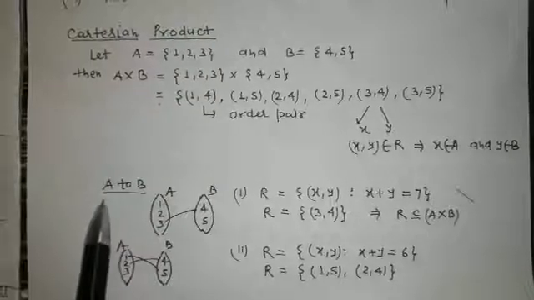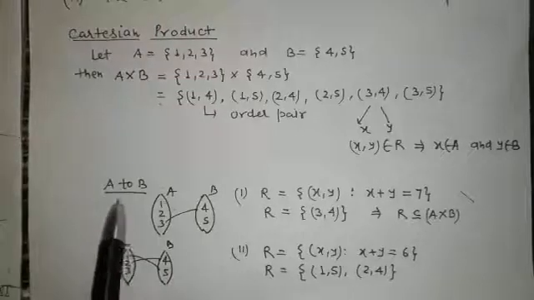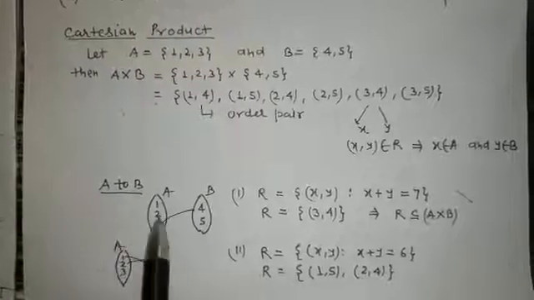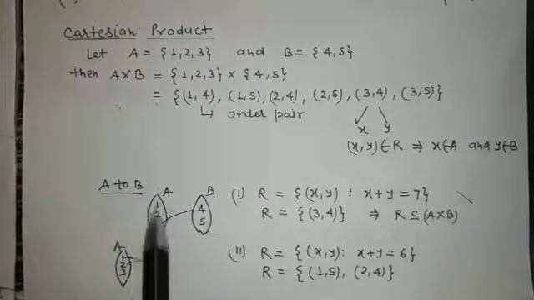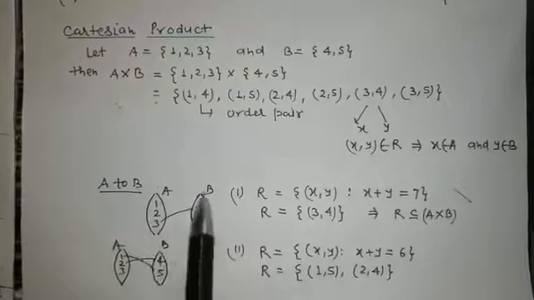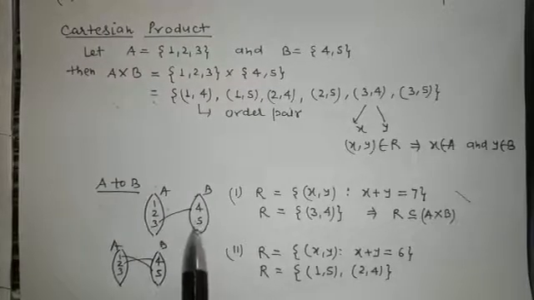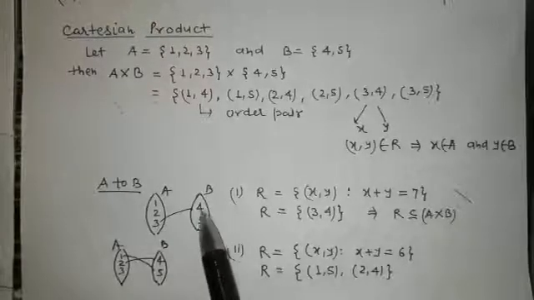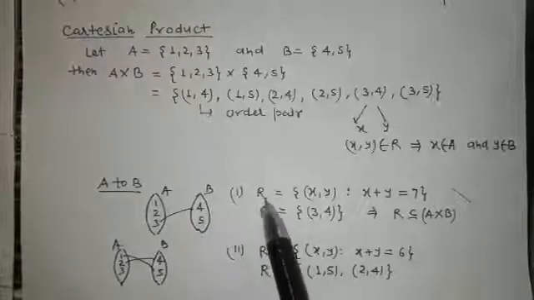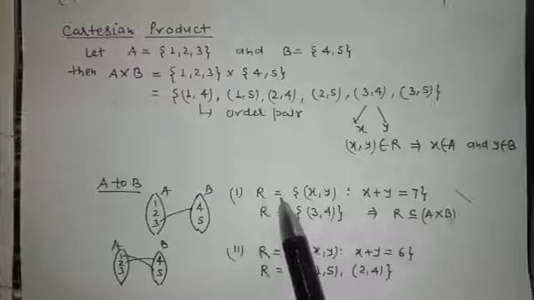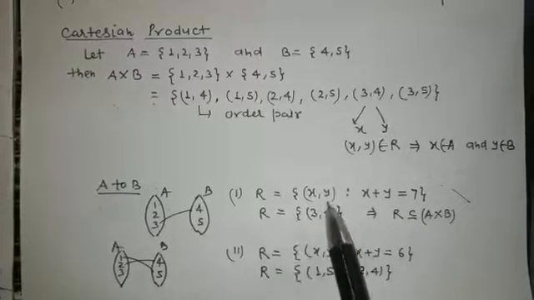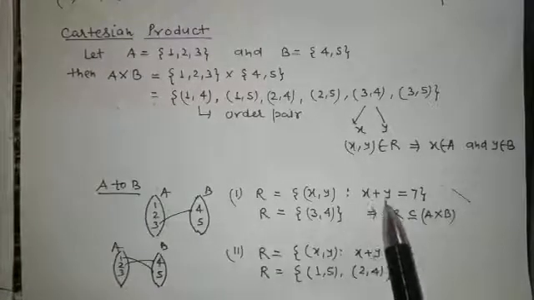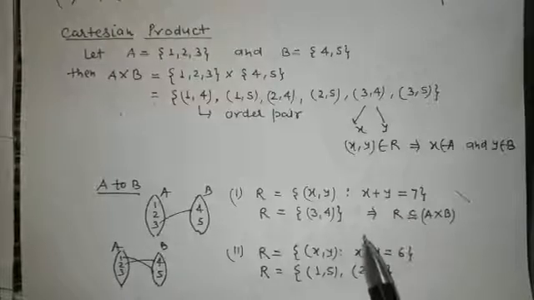Now we take a relation from A to B. Let set A be {1, 2, 3} and set B be {4, 5}. And the elements of A are related to B by the relation, first, R is equal to {(x, y) such that x plus y is equal to 7}.